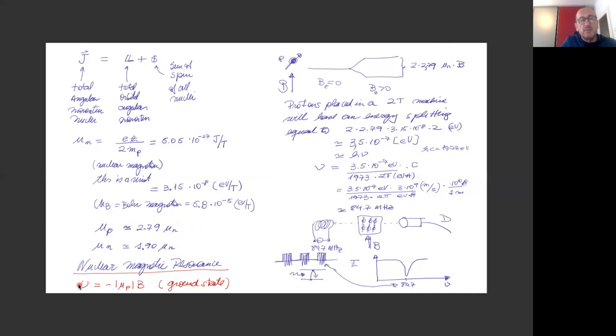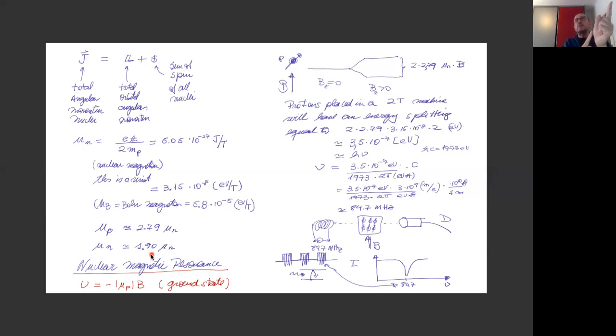The energy of a proton placed in a magnetic field, the energy U, is minus m dot B. If you put something that has a magnetic moment in the presence of a magnetic field, and the magnetic moment is oriented parallel to the magnetic field, that will be the minimal energy.